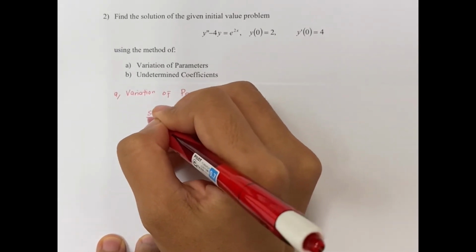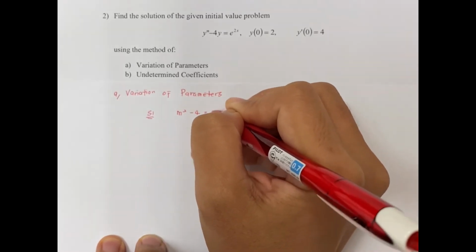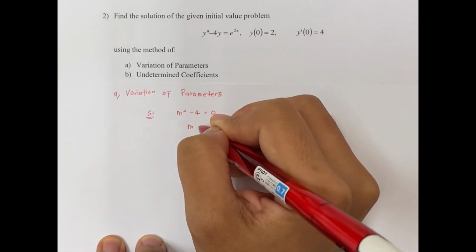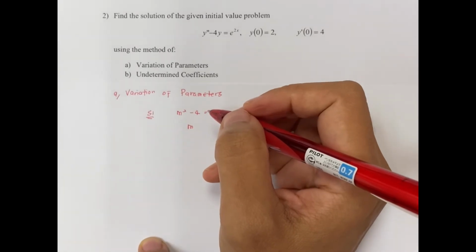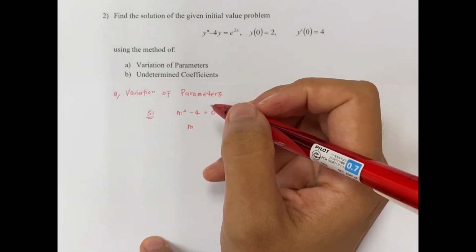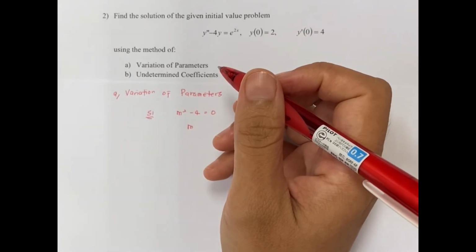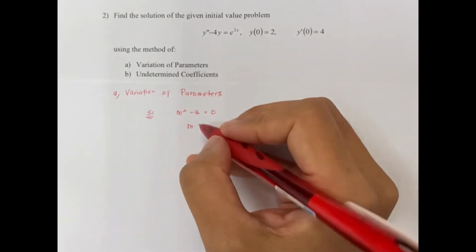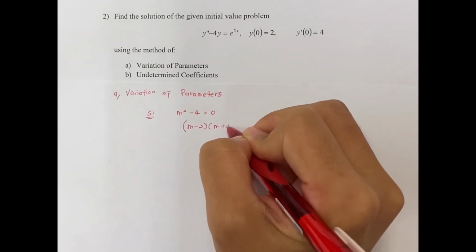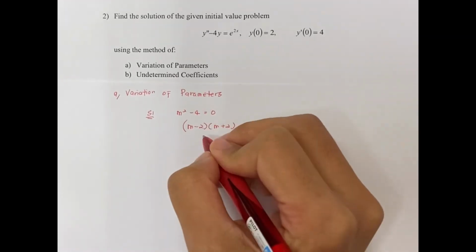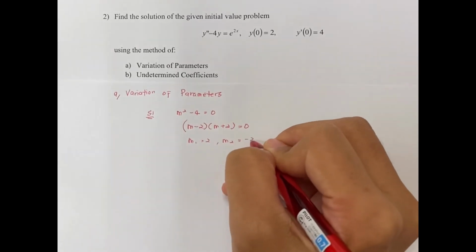First steps, okay, m square minus 4 equal to 0. So m minus 2, m plus 2 equal to 0. m1 is equal to 2, m2 is equal to negative 2.